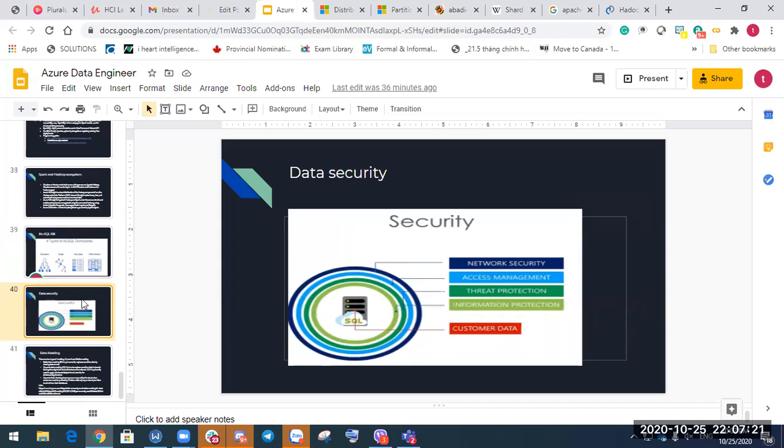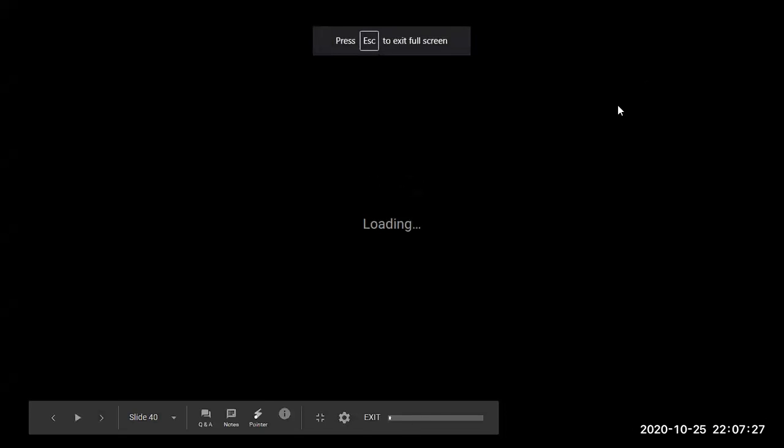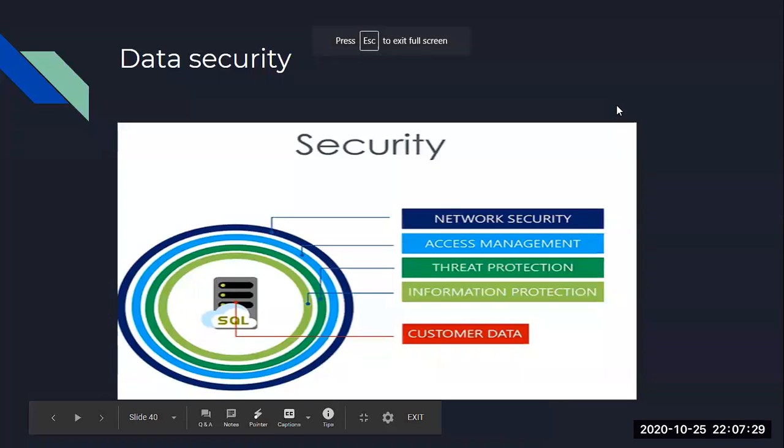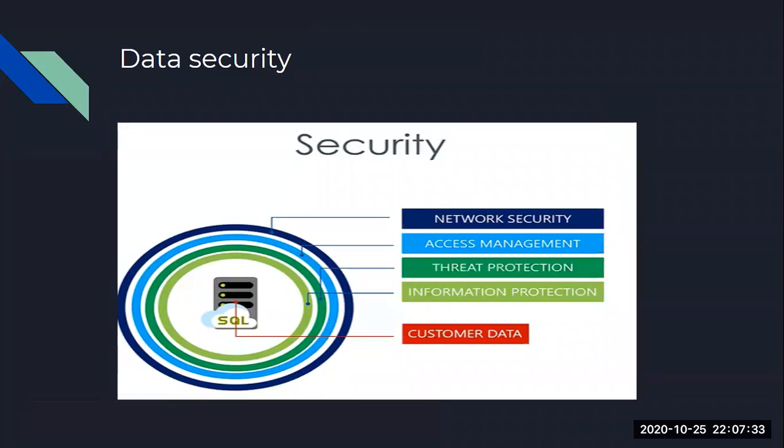So for that, we talk about data security. Remember, once you move to cloud, there are a lot of questions about data security. And remember that your data is not protected by one layer, but by multiple layers that protect your data together.